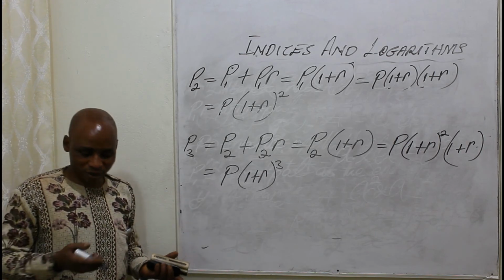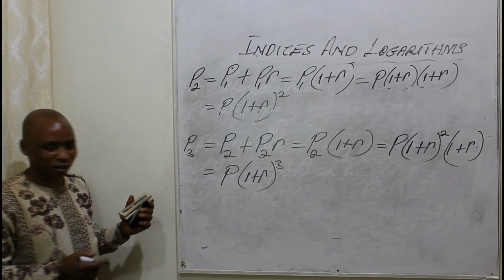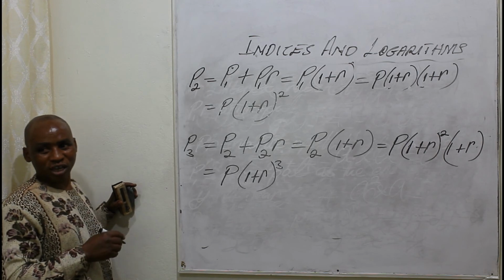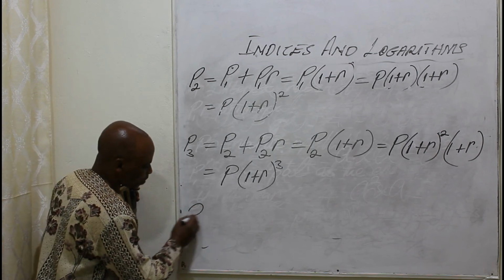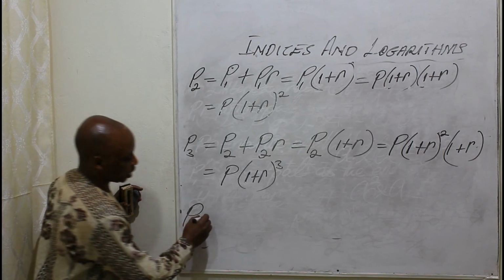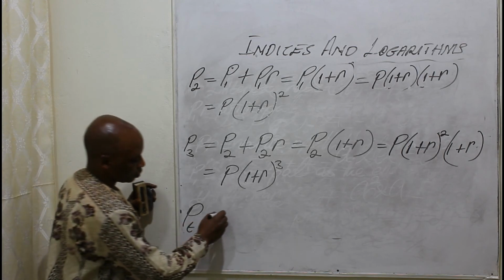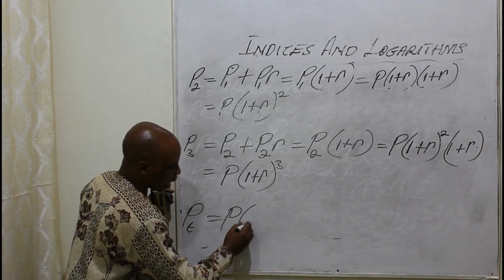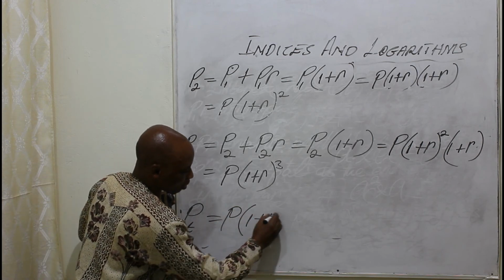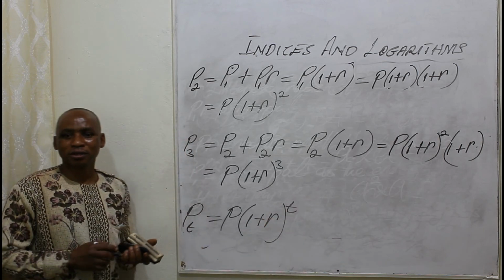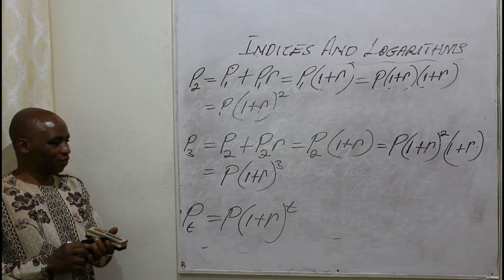So in effect, in general, if you are to invest for T number of years, then it is expected that your principal will be PT, which is the principal you started with times 1 plus R raised to the power T. That's the time of investment.